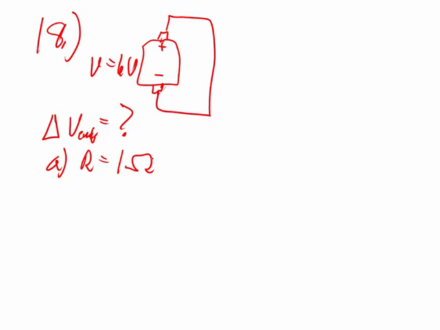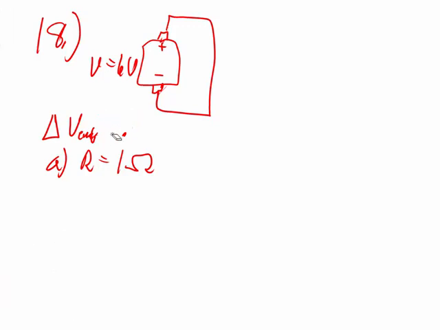What am I looking at here wrong? Oh, we're looking for the current. I'm sorry, not the voltage. It says, what is the potential difference between the ends of the wire and the current I through the wire if the wire has the following resistance? Okay, so yeah, duh, I'm crazy.